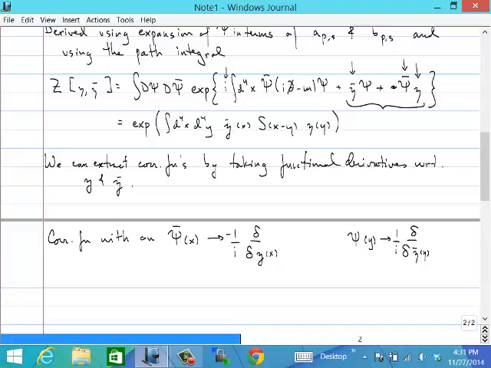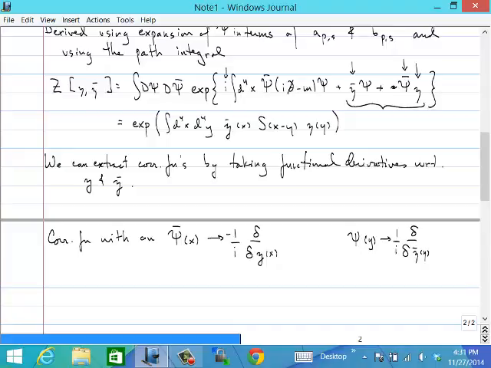There will be a source J that couples to phi, as well as sources eta bar that couples to psi, and eta that couples to psi bar. And then we can go ahead and, imagining that Y is a very small parameter, work out systematically the perturbation theory in terms of Feynman diagrams, order by order in the small parameter Y. Yes? What's the mass dimension of Y?